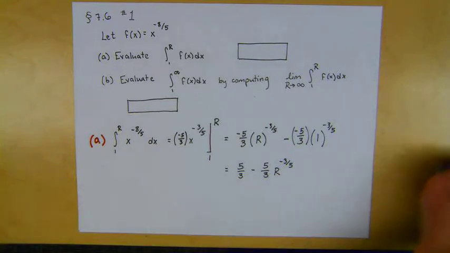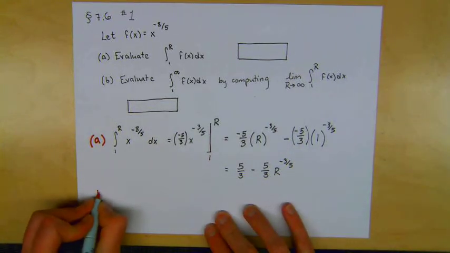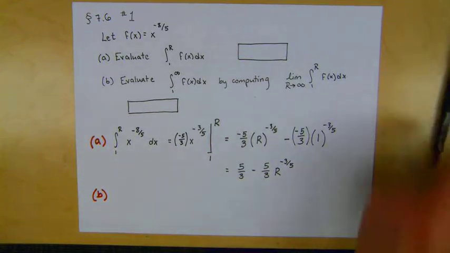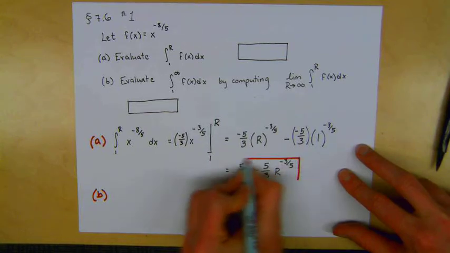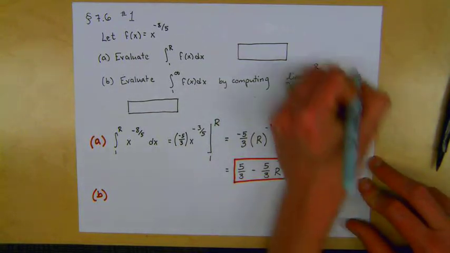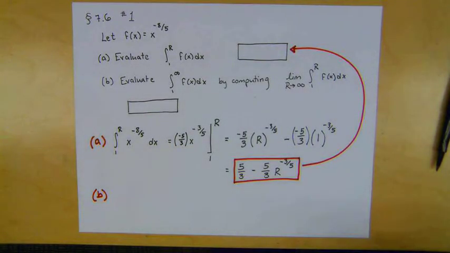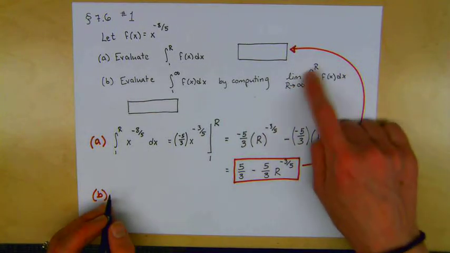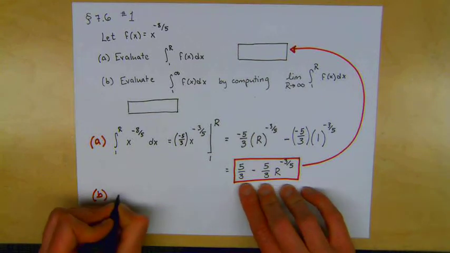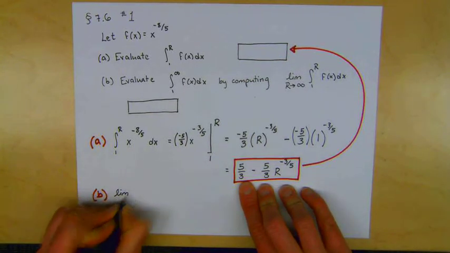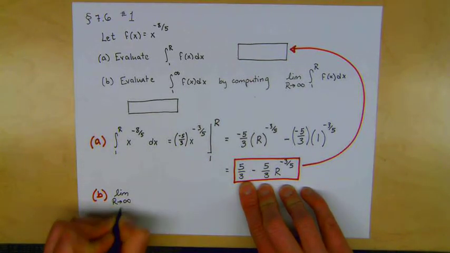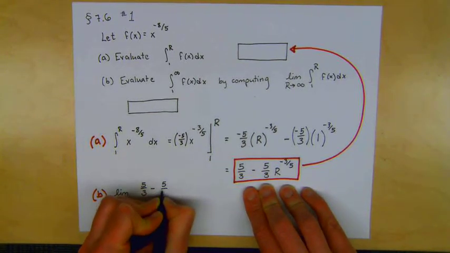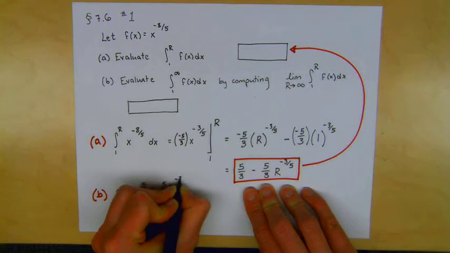Now for part B, we can evaluate the limit. For part B, we're going to take the limit of this integral as r goes to infinity. So I'm going to take the limit as r goes to infinity of 5/3 minus 5/3 r to the negative 3/5.